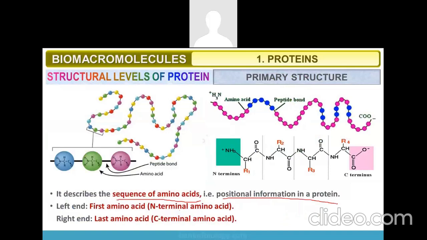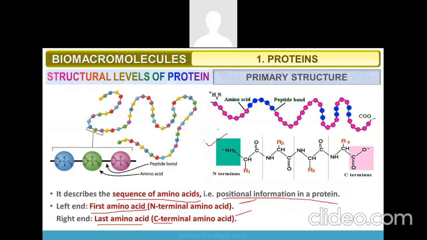The primary structure of a protein describes the sequence of amino acids. That is the positional information. Where does the amine group actually exist in a free ionic state so that it can be bonded further, and where is the carboxylic acid that is present which can be bonded further.